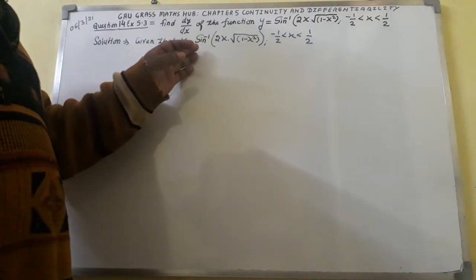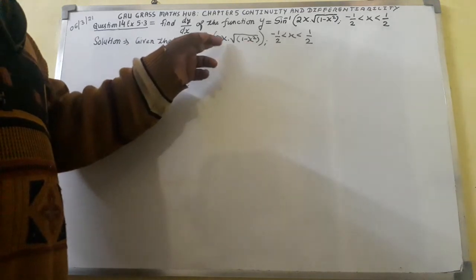Here you can see the function y is equal to sine inverse of (2x times under root 1 minus x square).